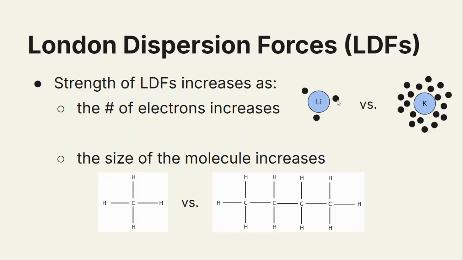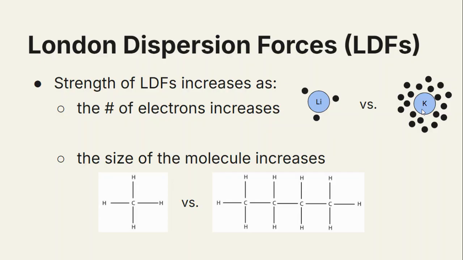So like lithium only having 3 electrons, if 2 of the 3 are on the left and 1 is on the right, you'll have a slightly negative charge over here on the left, but it won't be nearly as strong of a charge as if we look at potassium, who has 19 electrons, if they have, let's say, 15 electrons over on the left and 4 on the right. So the more electrons you can have on one side versus another is going to increase the strength of the partial charges, which will increase the strength of the LDF that forms between neighboring particles.